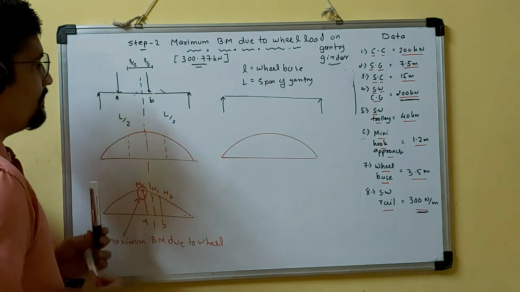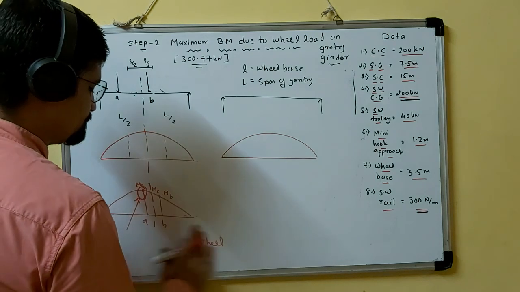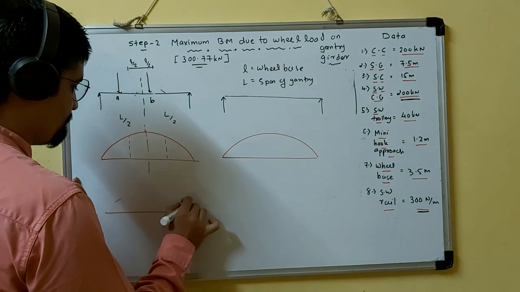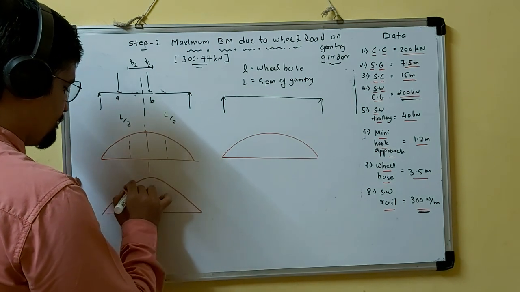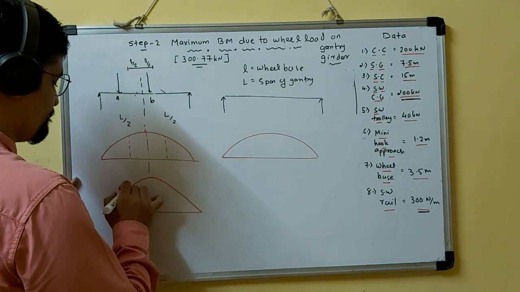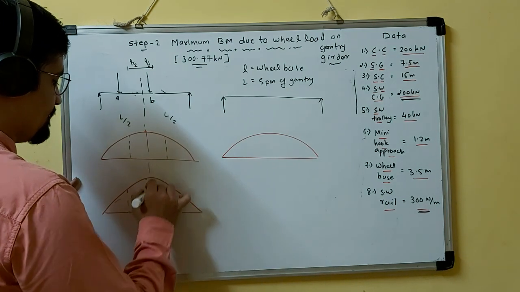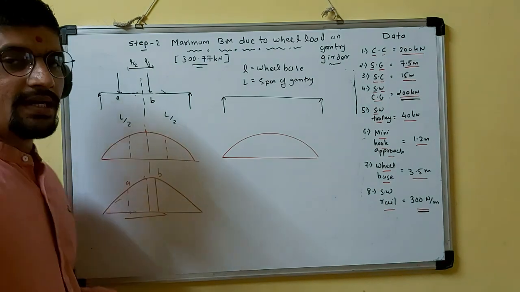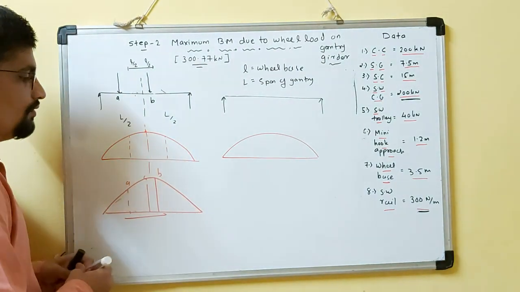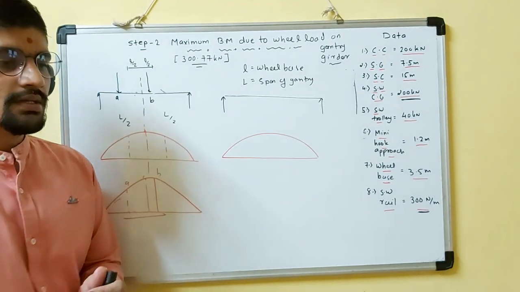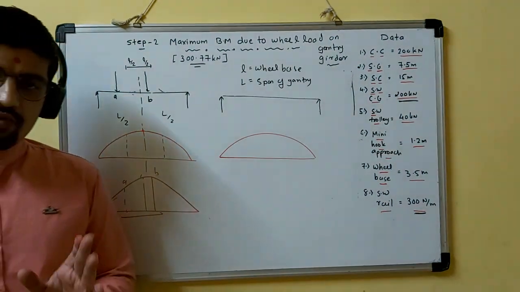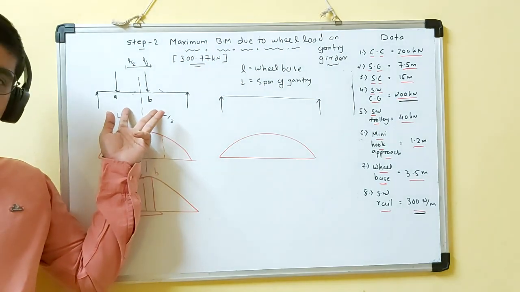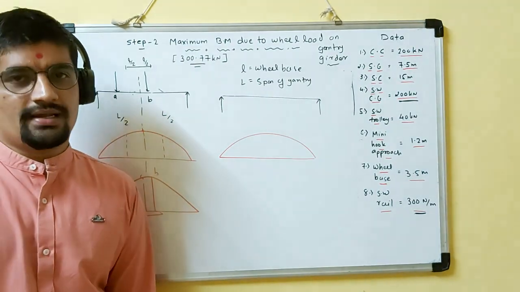Then your maximum bending moment diagram will be like this. See, this is A, this is center, and this is B. Then the maximum bending moment will be due to wheel B. Means the wheel which is nearer to the center of the gantry girder will produce the maximum bending moment.